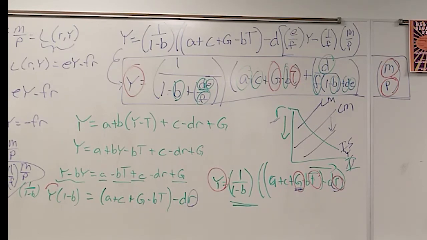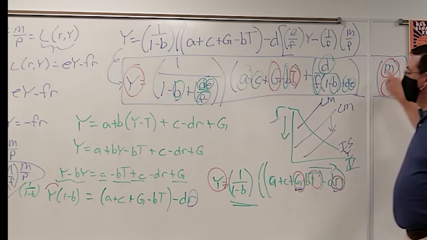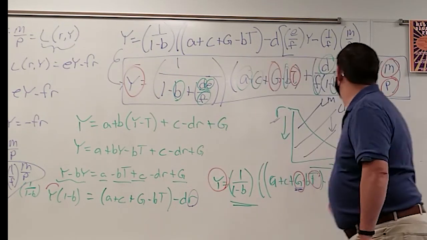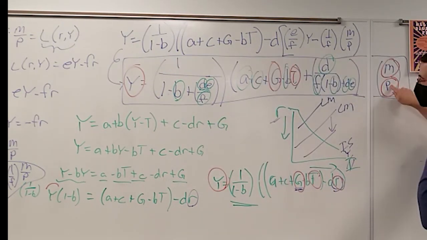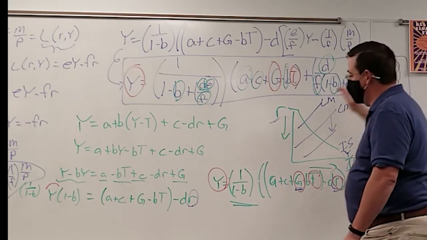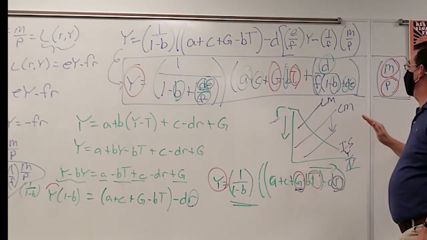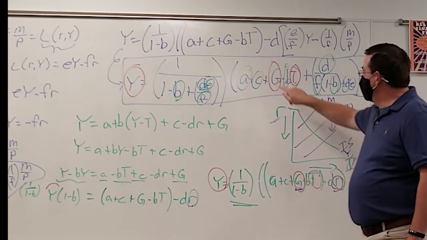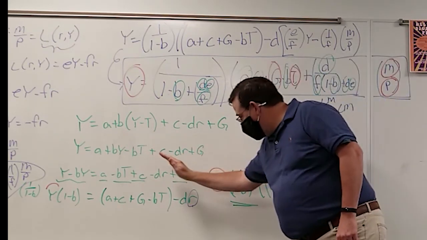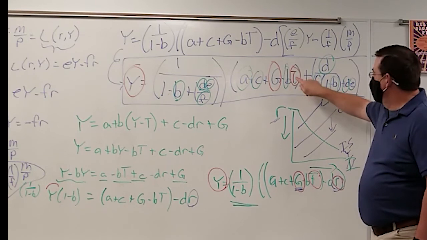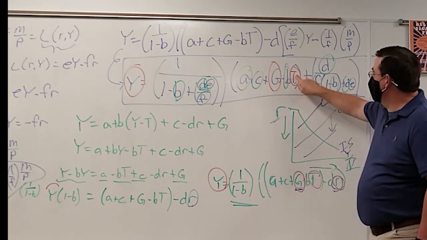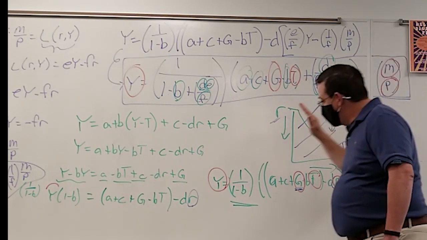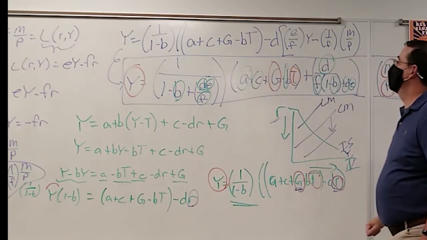We see that an increase in M increases Y, especially if P is held constant. So that means that if there is an increase in Y, it brings about a rightward shift of the aggregate demand curve. An increase in government spending increases the aggregate demand curve. There's a negative sign here, so an increase in taxes shifts the aggregate demand curve to the left.